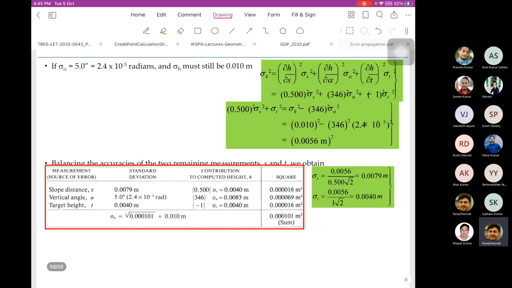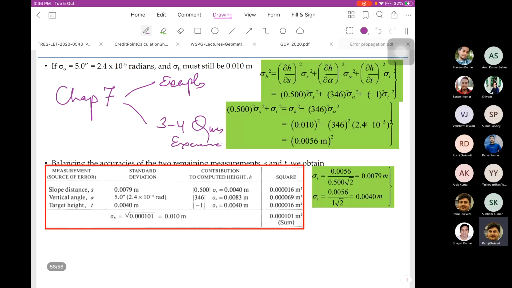That means do all the examples of section 7.1, as well as a few initial assignment exercises, maybe up to 3 questions from chapter number 7. Initial examples and 3 or 4 initial exercises, you can attempt on your own. I'll upload the assignment tab for chapter 7, which you can upload next week.